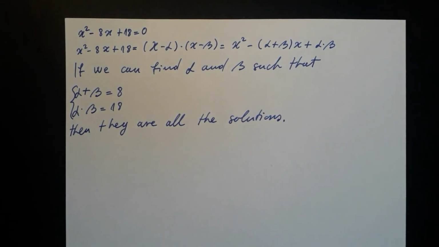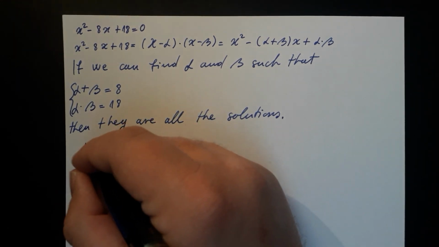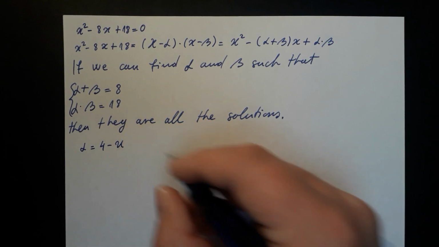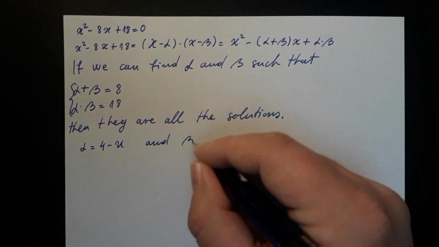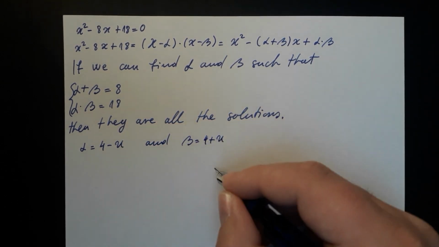So to get the sum of 8, all I need is to find the two numbers which are at an equal distance from the average. We need a number u such that alpha is equal to 4 minus u and beta is equal to 4 plus u.